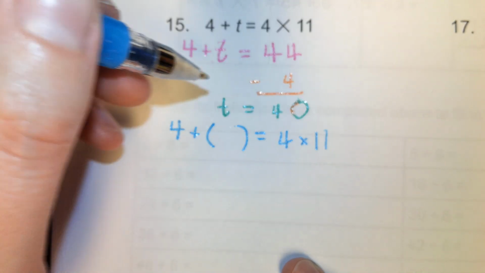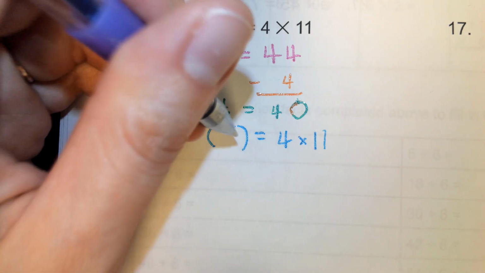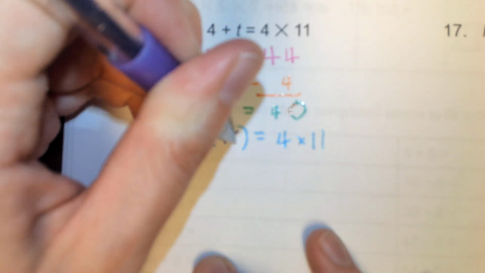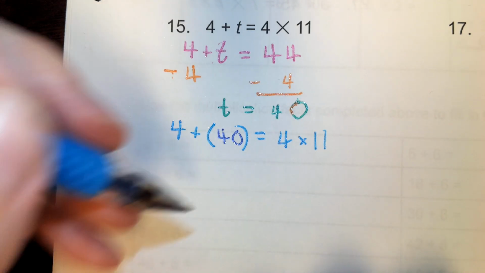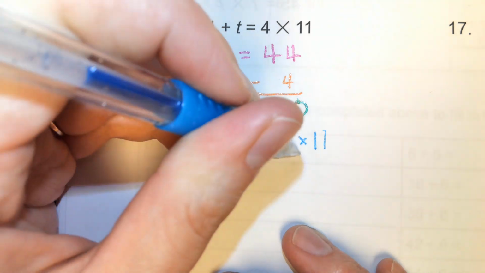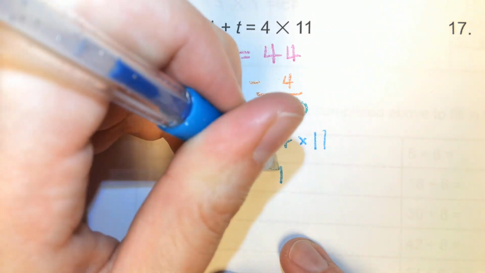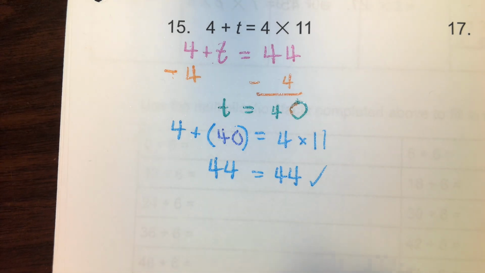Now, we're going to plug in 40. 4 plus 40 is going to be 44. And 4 times 11 is also going to be 44. 44 equals 44, so we did something right.